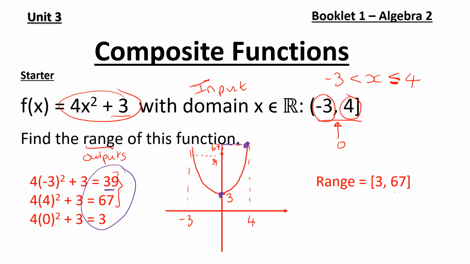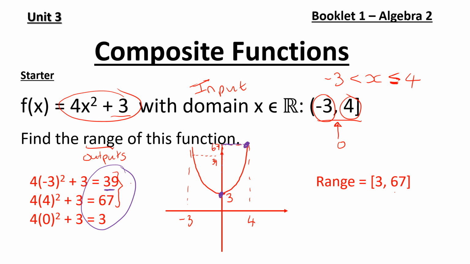Now the last bit to point out is the type of brackets that I've used. So I've chosen to use square brackets in my answer, which means that I'm including the numbers 3 and 67. Now the way to make that decision is to decide, does your graph actually hit those numbers? If you know that your graph definitely goes through those numbers, then you can put the square brackets.